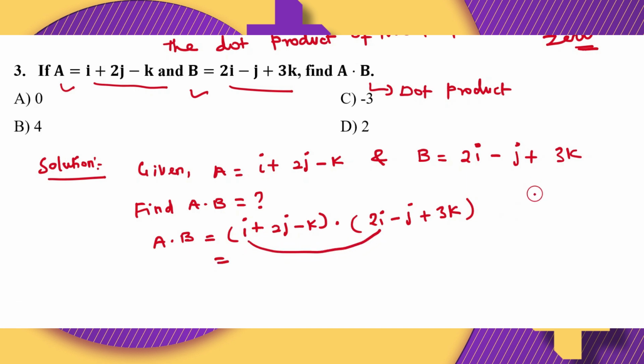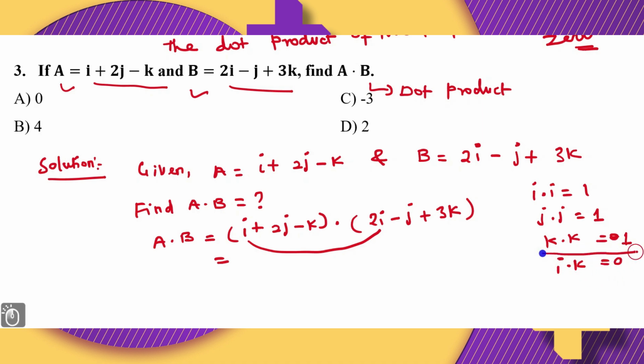In the dot product, i dot i is equal to 1, j dot j is equal to 1, k dot k is equal to 1. For example, if i dot k, it should be 0. So this is important. Sometimes marks are lost like this.